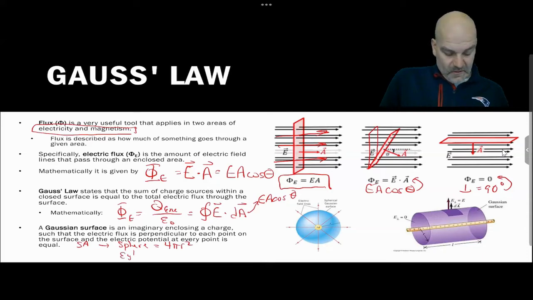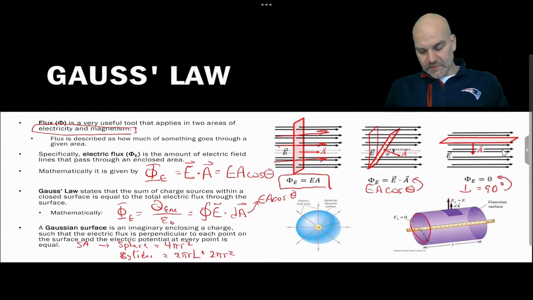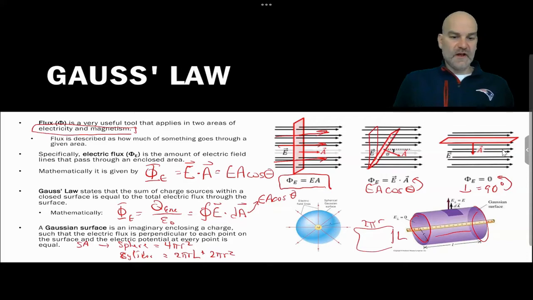Then you have a cylinder, which is 2 pi r L, or H, plus 2 pi r squared, because you have two end caps, which are circles. If I roll out that middle piece, it's simply a rectangle where the circumference is one side and the length is the other side.